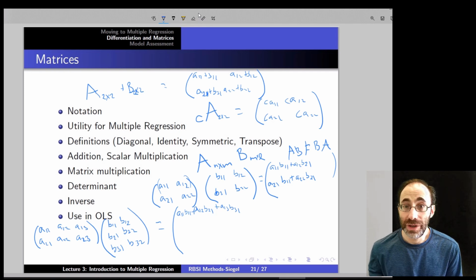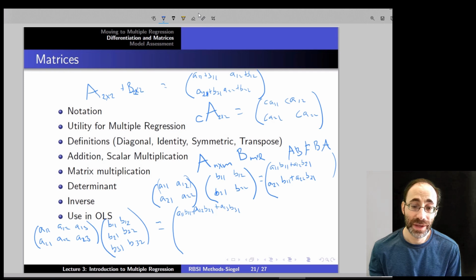Okay. Note, if you get confused on what goes with what, every time the column index of the first element of A has to match the row index of the second element. So 1,2 matches 2,1, and 1,3 matches 3,1. This is the first row and first column.